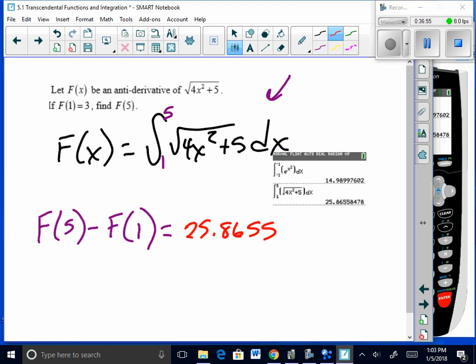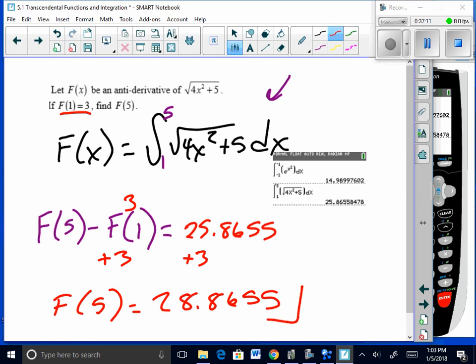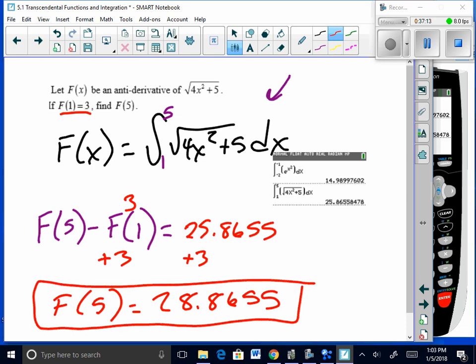And then I know what F of 1 is. They told me F of 1 was 3. That's my initial condition. Good, add 3. So now I know F of 5 is 28.8655. Again, it never hurts to give more than 3 decimal places. Just don't give less than 3.